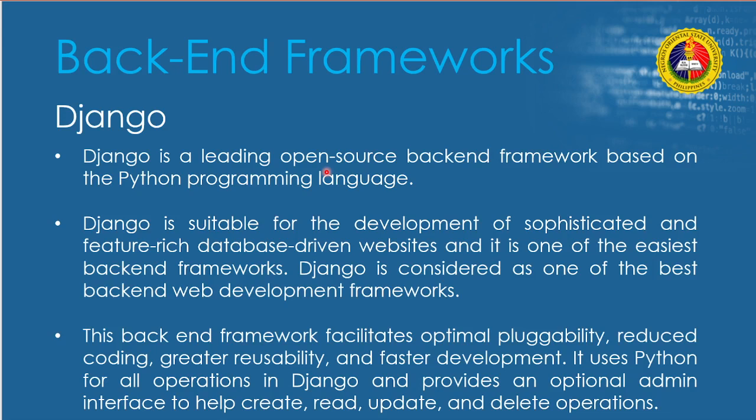Laravel is the best framework for PHP, Django is the best framework for Python, and Ruby on Rails is the best framework for Ruby. Here are the websites that use Ruby on Rails: Shopify, Twitter, GitHub, SoundCloud, and many more.